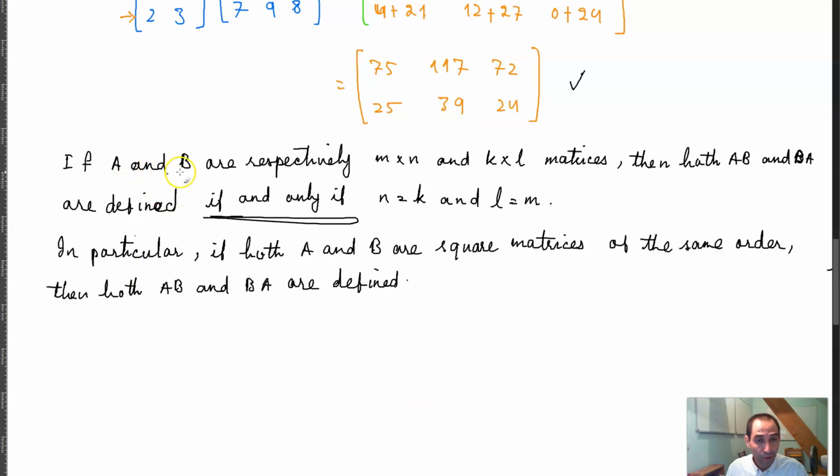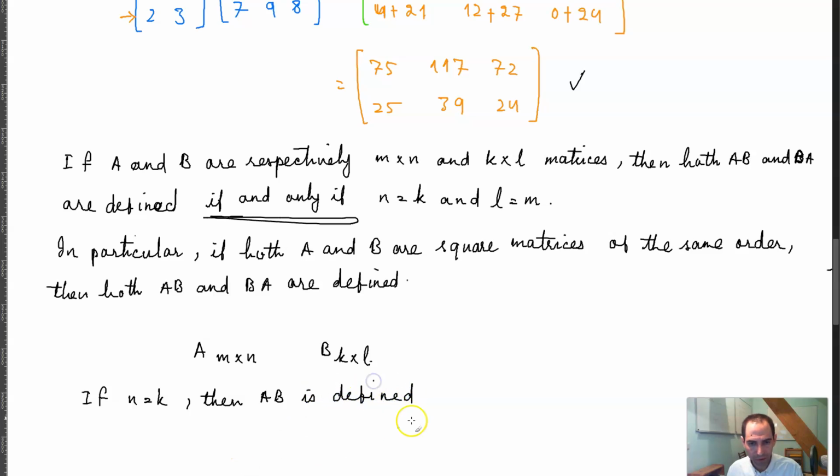Now, over here, we are saying that if A is a matrix of the order m by n, and B is a matrix of the order k by l, then both AB and BA are defined if and only if n is equal to k. Of course, if n is equal to k, then AB is defined.